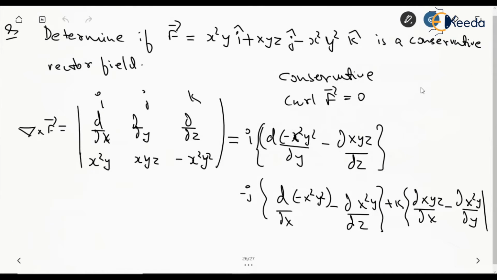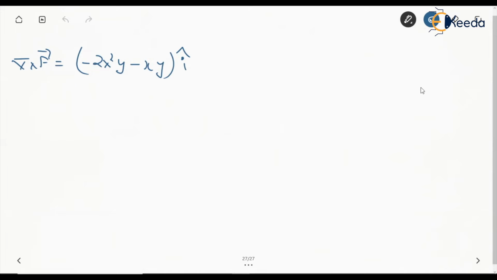Second one is for j. This is with respect to x, this will become minus of 2xy squared, and this minus will become plus, and then this term has nothing in terms of z, so this will be 0. So minus and minus becomes plus and this will become plus 2xy squared j.